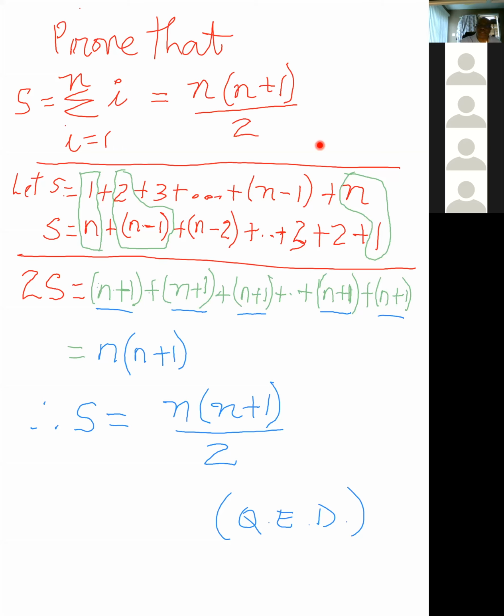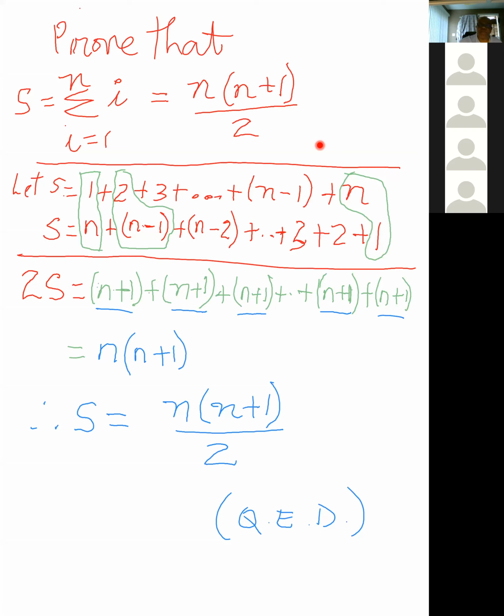So you're just saying that the series that you have written here as the second one, n plus n minus 1 plus n minus 2 plus down to 1, is in descending order compared with the first one that is in ascending order.